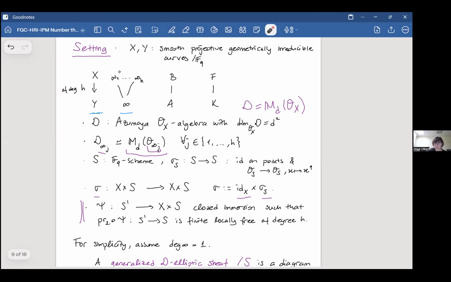So these infinities are different places. But since it splits completely, if you look locally around each infinity, it looks like you are looking around the infinity below.